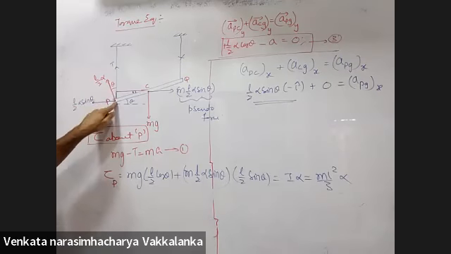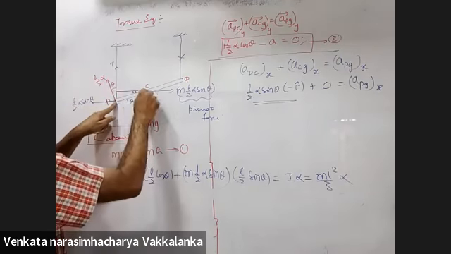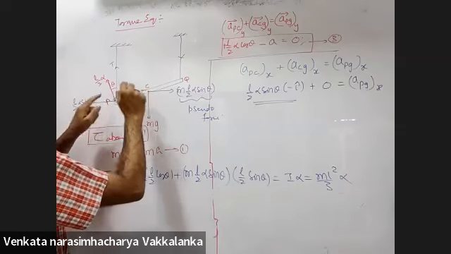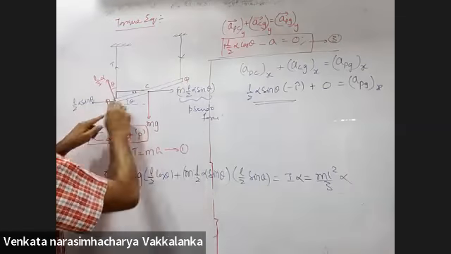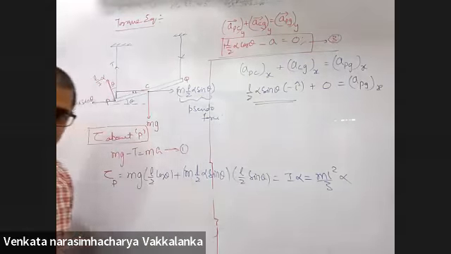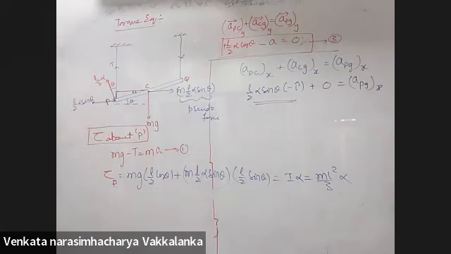If you are taking the torque about point P, you have to introduce a pseudo force on the center of mass of the body, equal to mass of the body into acceleration of point P, opposite to the direction of acceleration of point P. If it is an accelerating point, pseudo force is mandatory when you take the torque about that point.